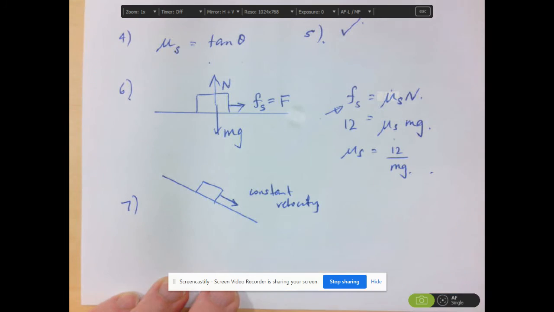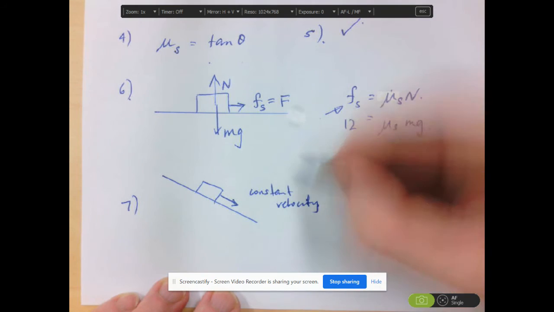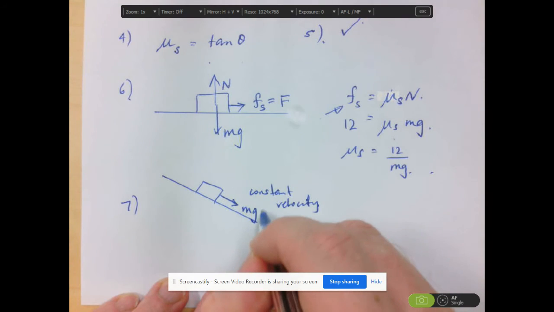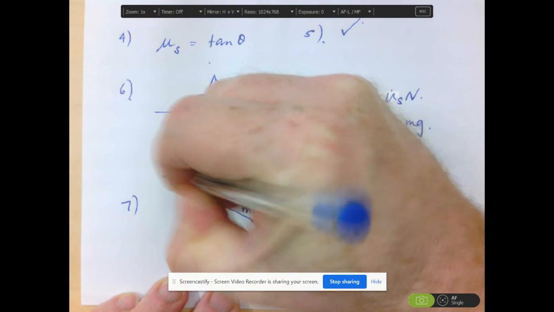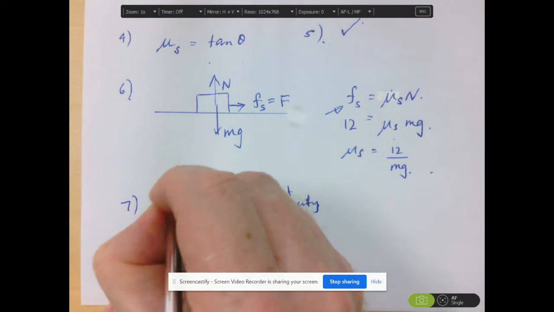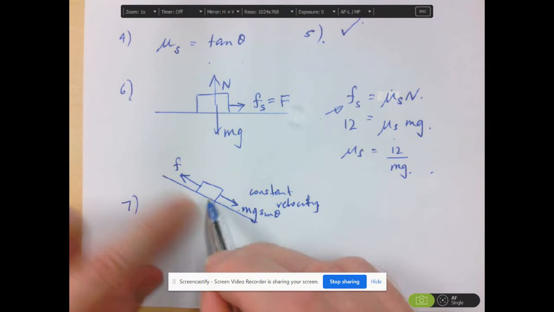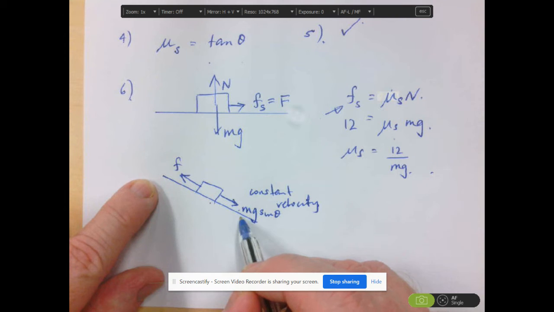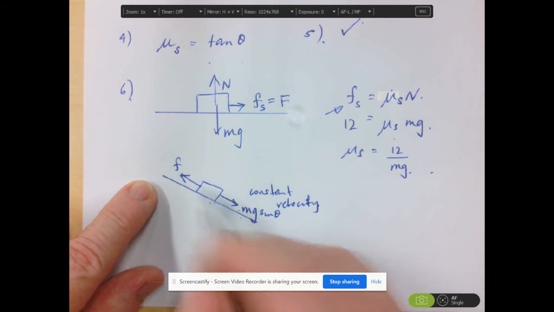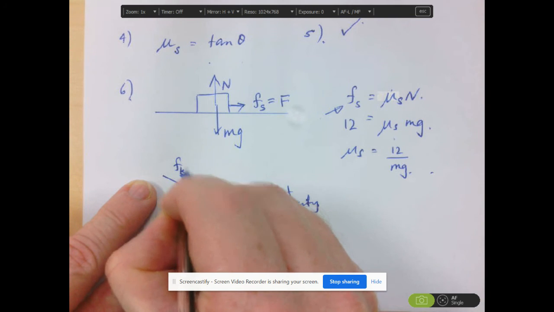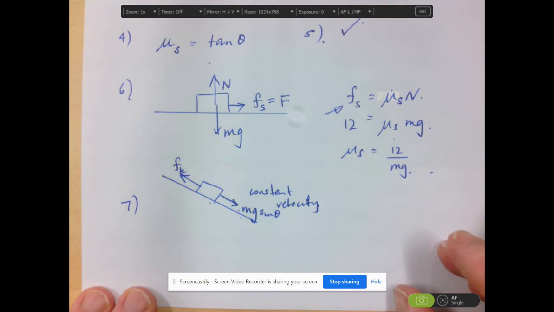So in this case, if it's moving down, the force down would be mg sine theta, and the force up would be friction. Now, if they are equal and this was stationary, this would be static friction. But because this time they're equal, but it's actually in motion, it's kinetic friction. So it's a different value.